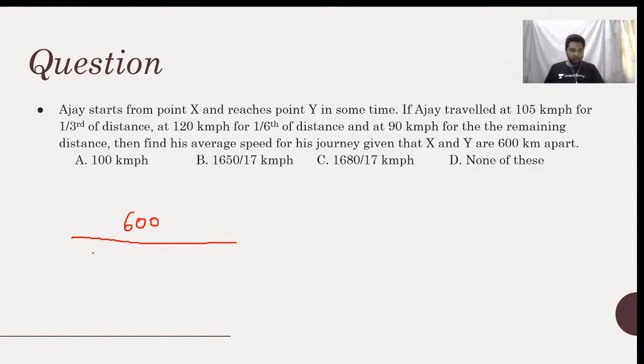So 200 kilometers at 105 kilometers per hour, plus one sixth of the distance, that is 100 kilometers at a speed of 120 kilometers per hour, and the remaining distance, which is nothing but 300 kilometers at a speed of 90 kilometers per hour. 300 by 90.